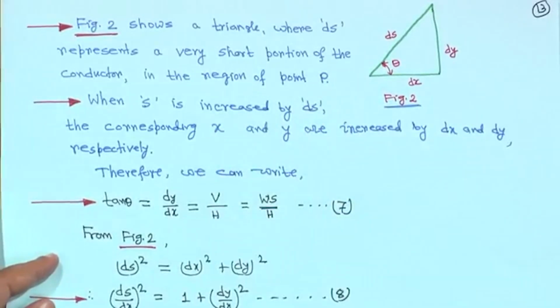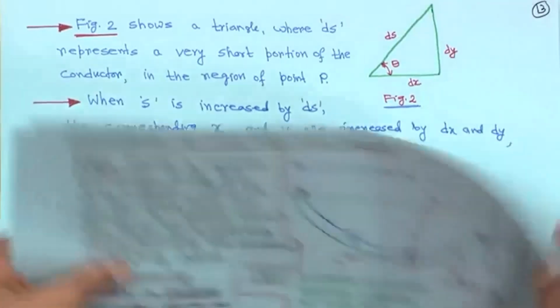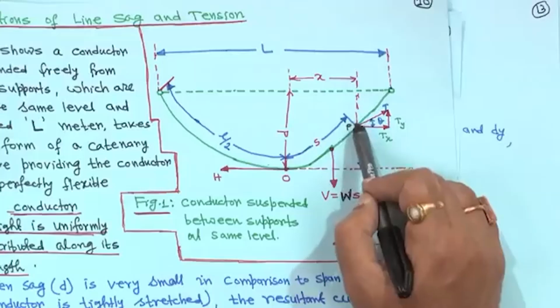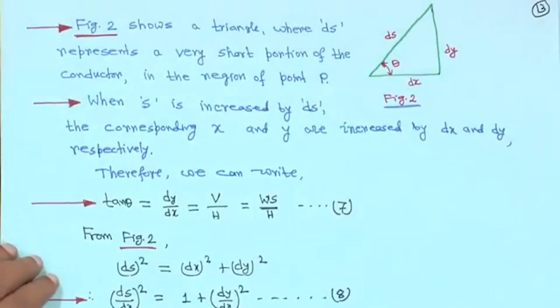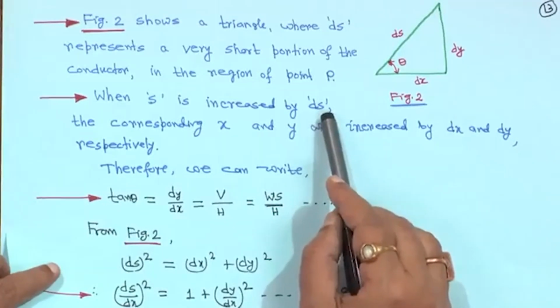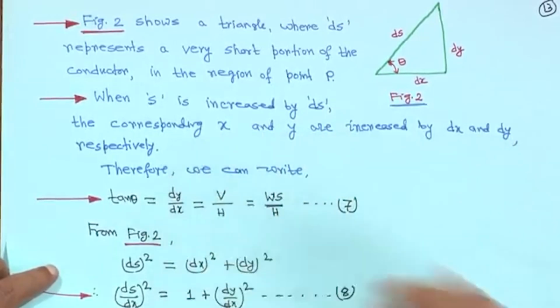In the vicinity of point P, if you consider a small distance ds, then when s is increased by ds, the corresponding x and y are increased by dx and dy respectively.